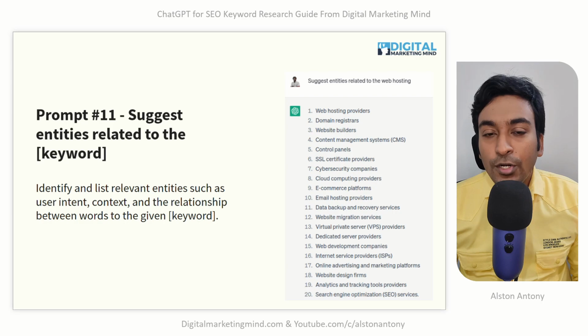So when you include relevant entities such as context and relationship between words, different entities within your content, it increases the topical authority flow within your content. So when I ask ChatGPT to suggest me entities, it does suggest me entities for my main target keyword.